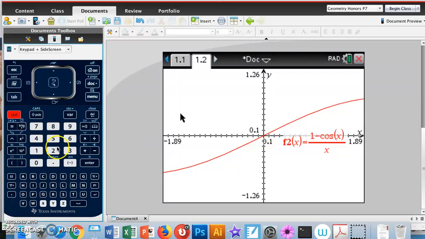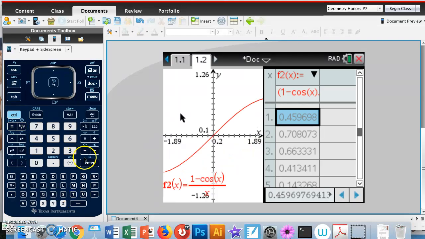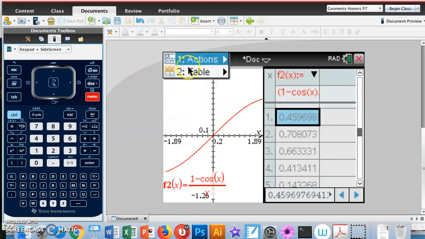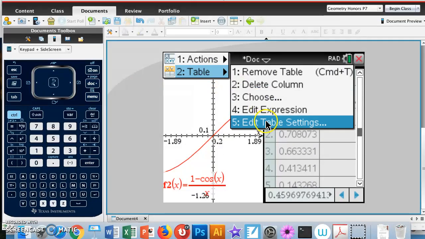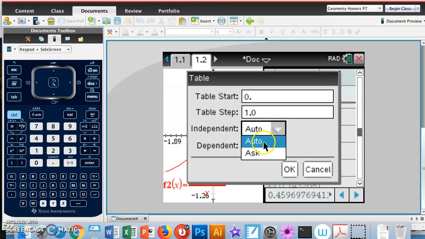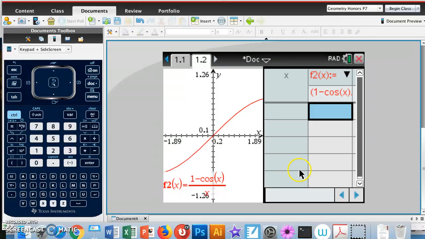So you want to press Control T, that one, like it's asking you to do, putting in some values here, and make sure you're still in radians. You need to ask what the values are. So you remember Menu and Table and Edit and Ask for that one. And over here, put your values in.